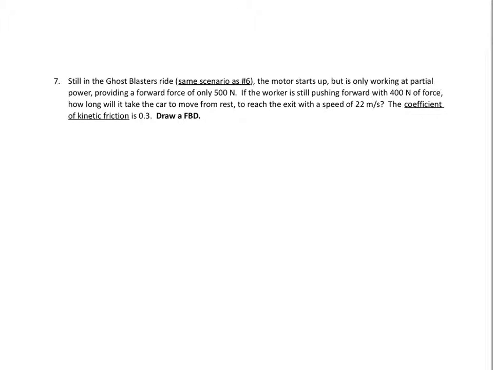So we're still in the Ghost Blaster situation, and let's just remember that the Ghost Blaster plus the young children have a combined mass of 160 kilograms. And of course what this means is that the force of gravity, the Earth pulling down on them, is 1600 newtons. So let's put all that together. And you know what? I made a little bit of a mistake in the previous problem.